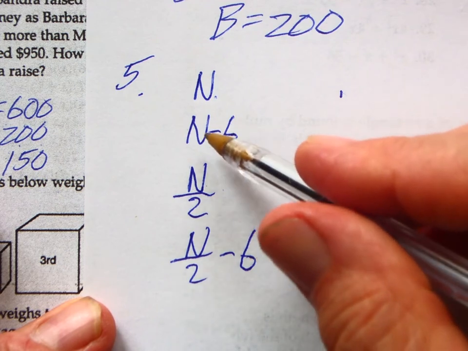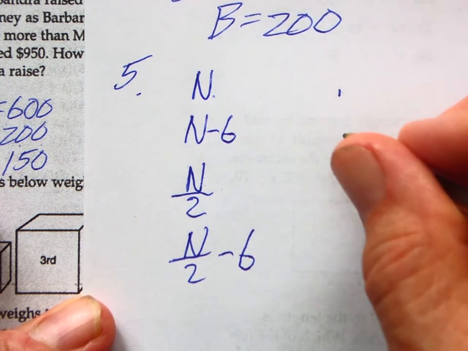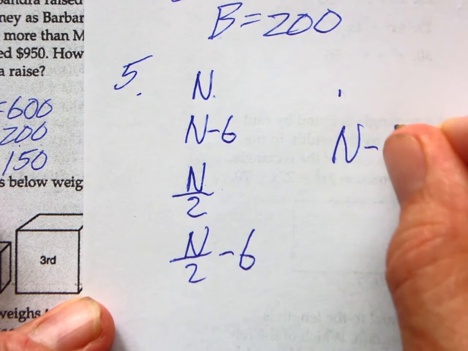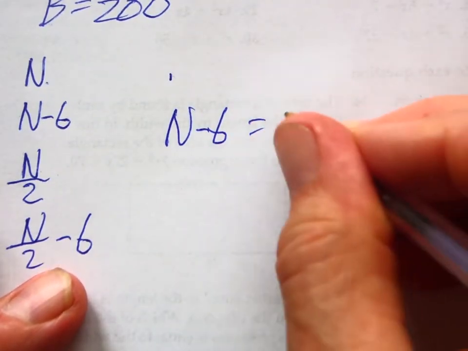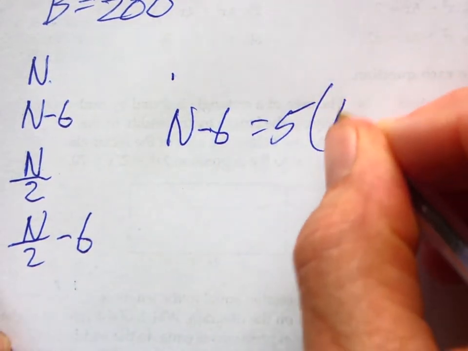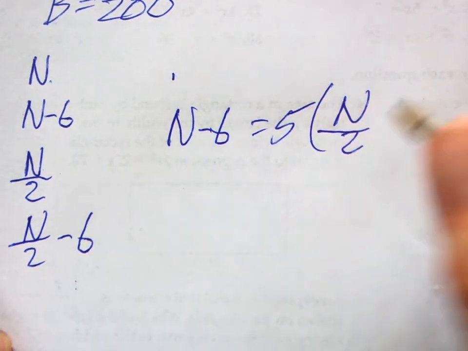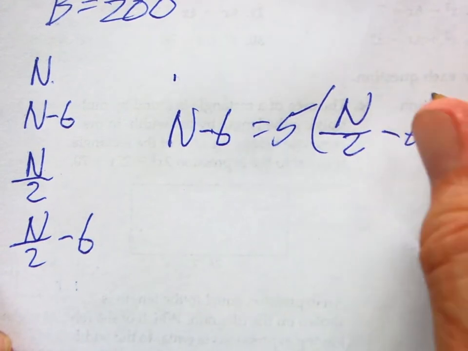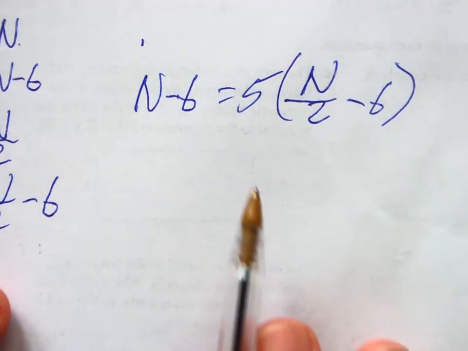Oh, we know this. Six years ago, n minus 6 was equal to 5 times Maria's age back then, which is n over 2, half of his age now, minus 6. There we go. That's our equation.